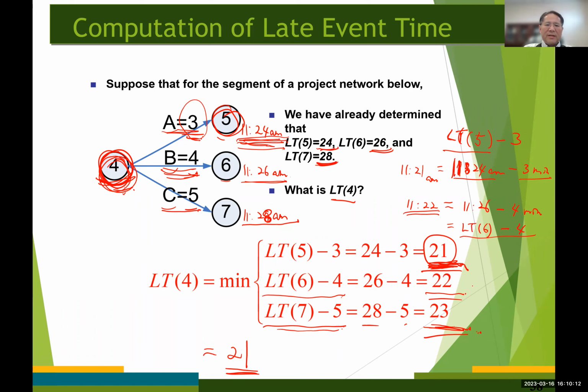So the latest time that node number 4 can occur has to be the minimum value among these 3 different values. It's going to be 21.